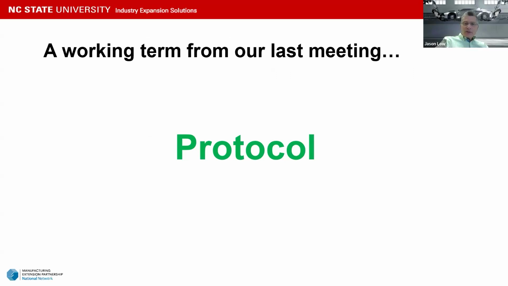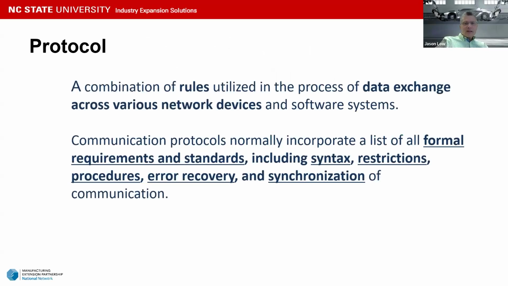So last time we broke ground with what a protocol is and why it's needed, and it is a formal list of formal requirements and standards, including syntax, restrictions, procedures, error recovery, and synchronization. These are things that are very well defined in a standard, but perhaps not things that we really want to pay that much attention to.